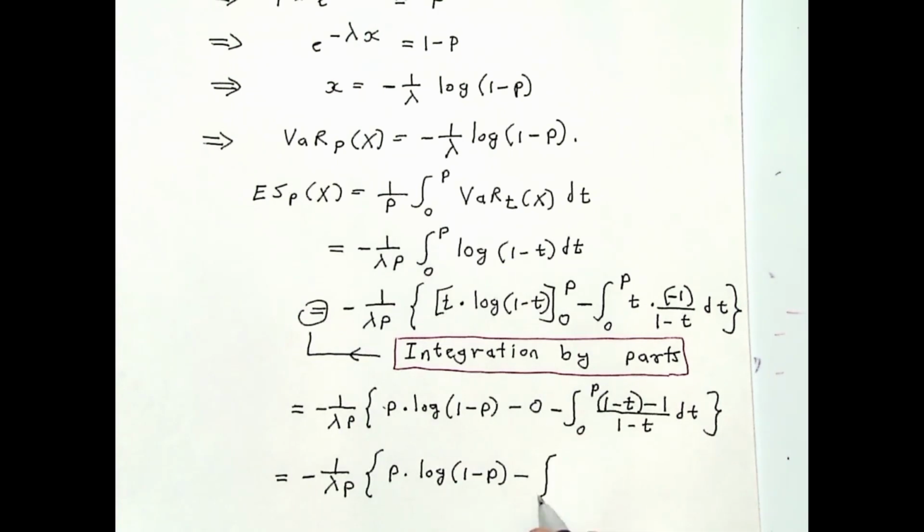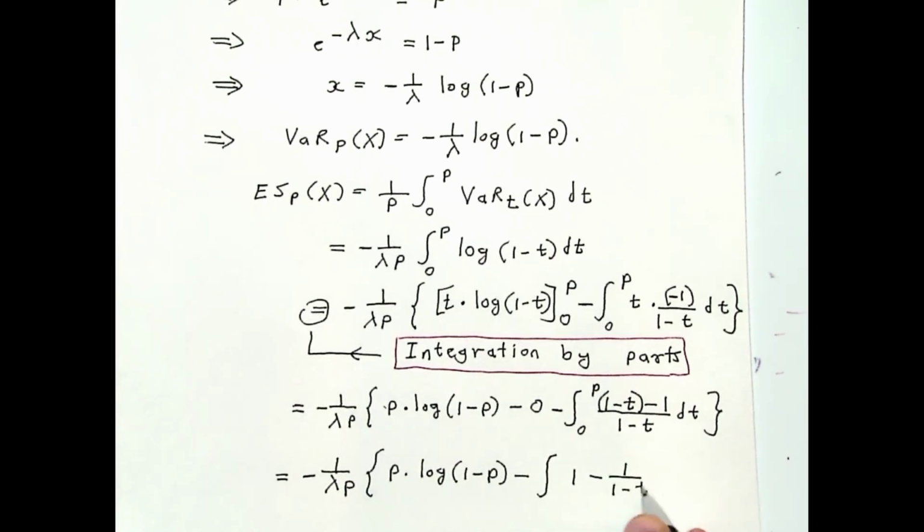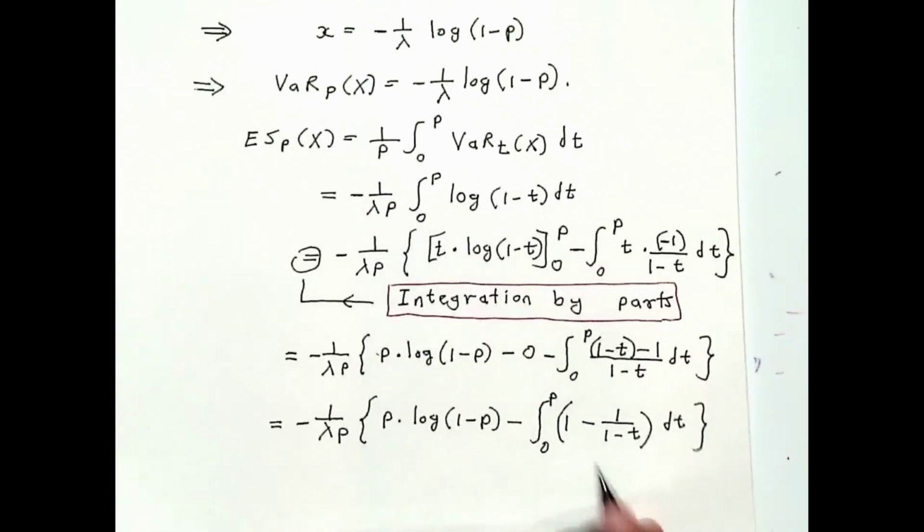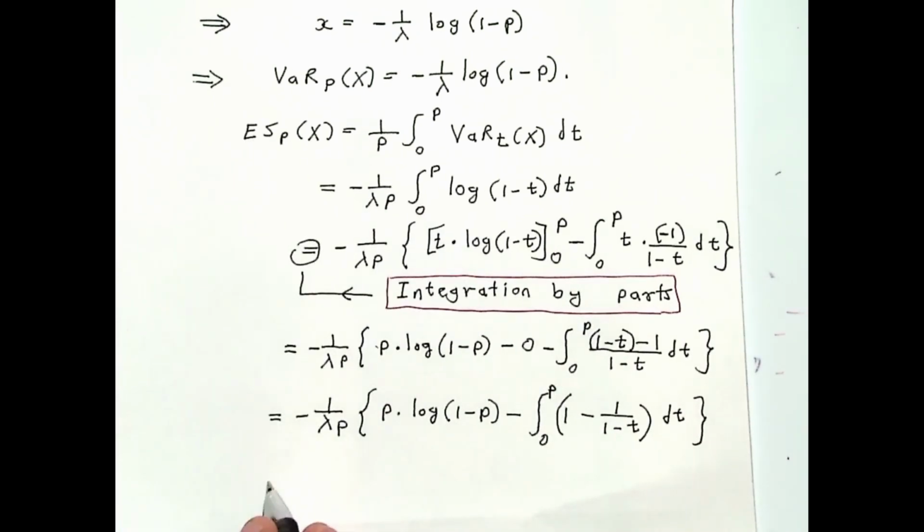Right. Now, if you divide 1 minus t by 1 minus t, you get 1. If you divide 1 by 1 minus t, you get this, dt. Now, as you can see, the integration of each of these terms is straightforward.